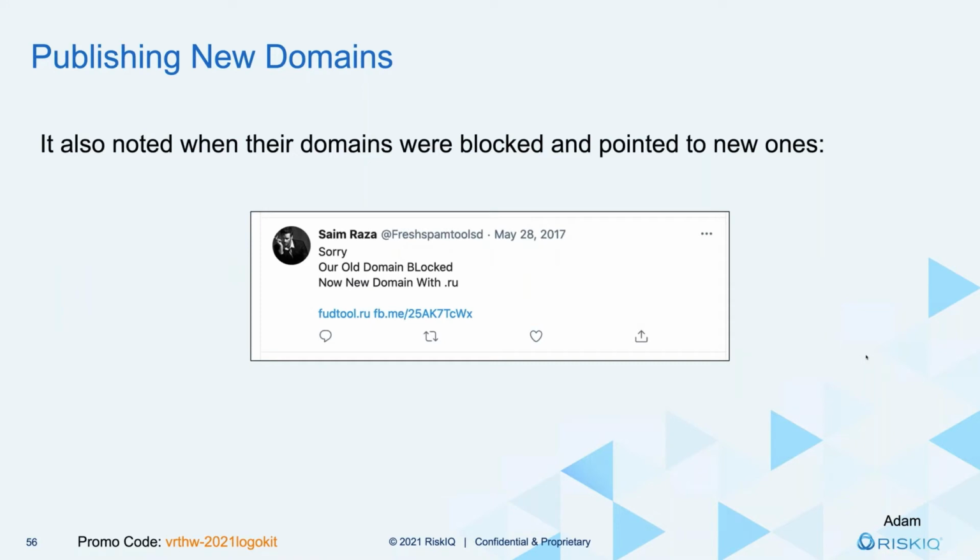So one of the other things that we saw on this Twitter account was that aside from advertising their phishing services, it was also used to advise users or buyers if domains had been blocked by third parties, or I guess taken down, to put it the nice way. So in this case, we found that the Saeem Raza account was advertising that their newest domain was fudtool.ru.